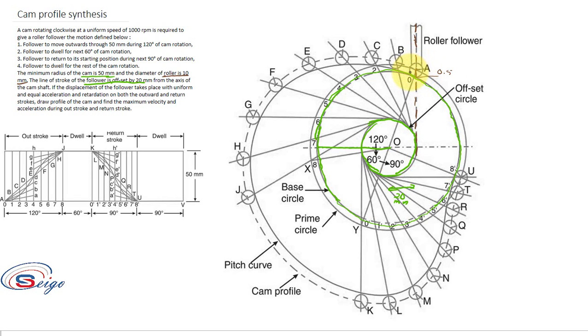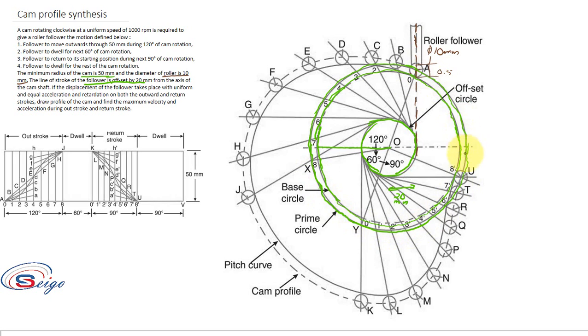Okay. So this diameter will be dia 10 mm. Okay. And next you have to join this A with this O. Okay. And with O as center and OA as radius, you have to draw the prime circle.